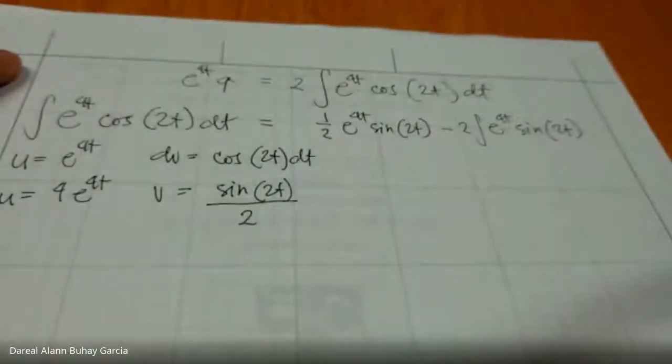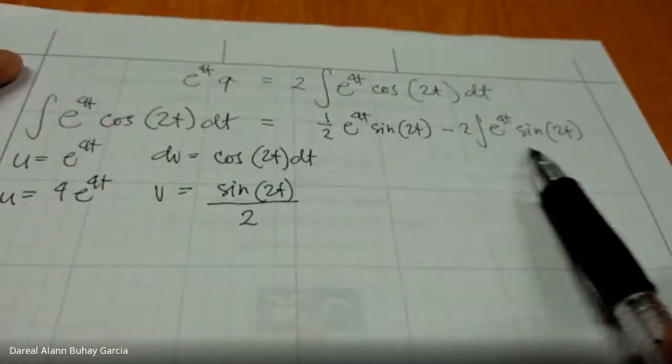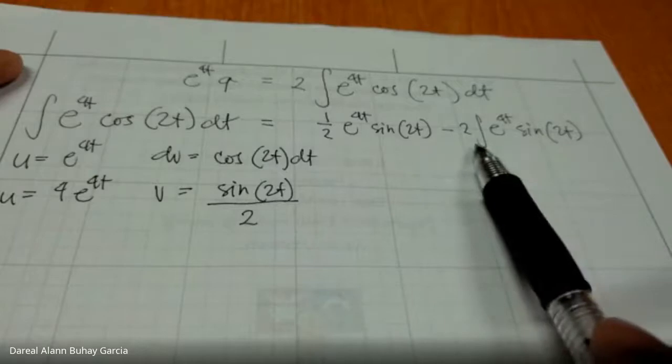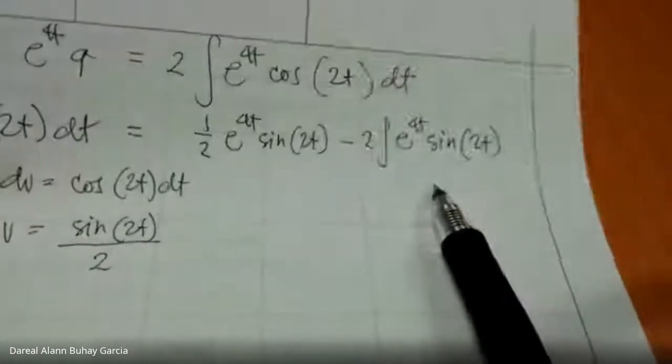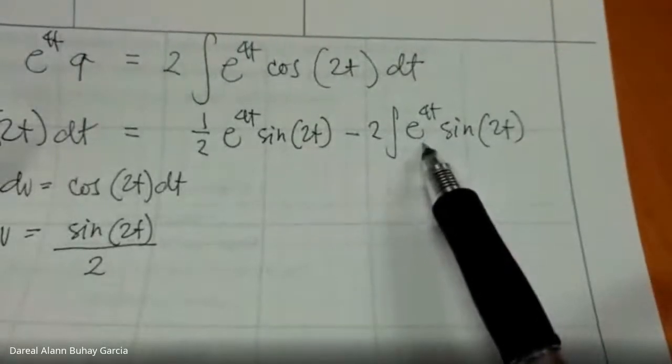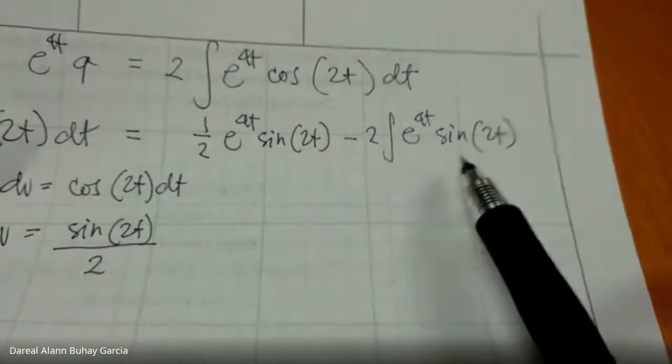Okay, what's next? Integrate po na. So, the integral of e^40 sine 2t dt.